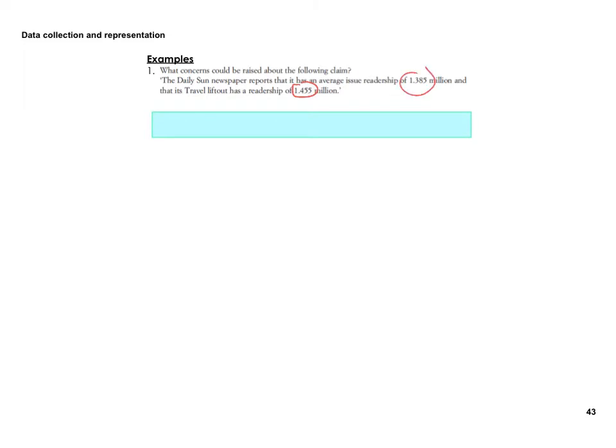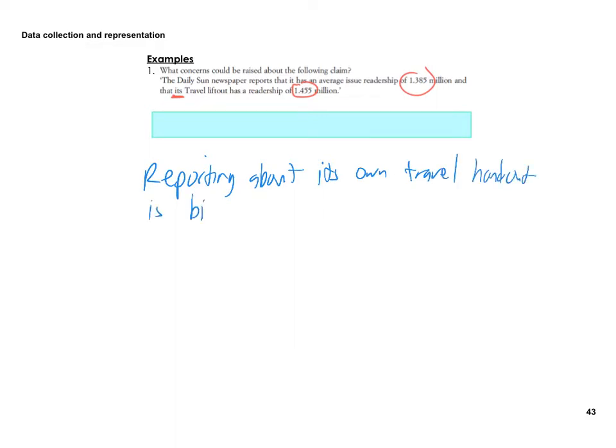Also, the travel bit is its own one, so its own lift out of its travel has more readership than the actual paper itself. So obviously its own stuff has been increased. So we can say reporting about probably its own travel handout is biased.